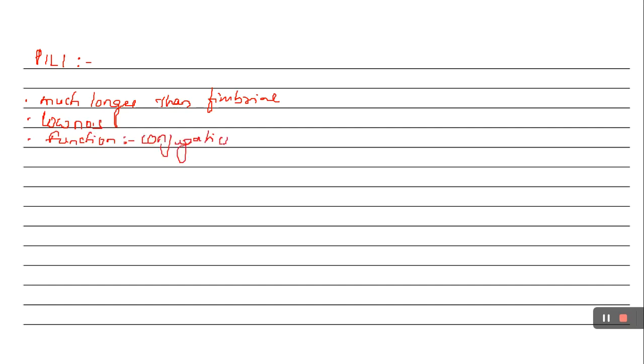So what about pili? They are similar in structure to fimbriae, but much longer, and they are present in low numbers. They are involved in the process of bacterial conjugation, where they are called conjugation pili or sex pili.